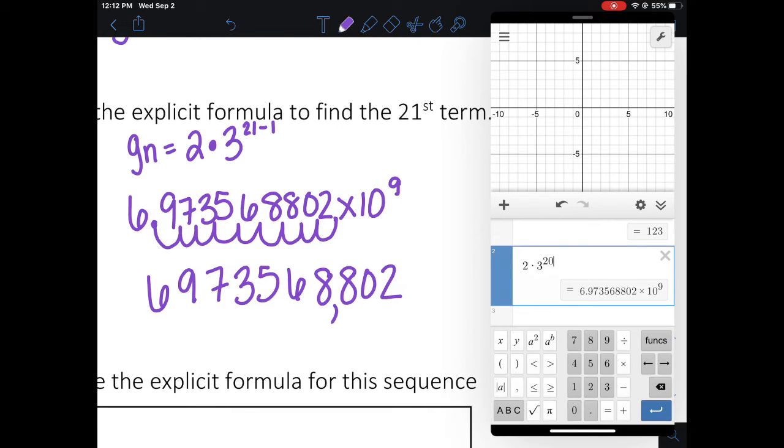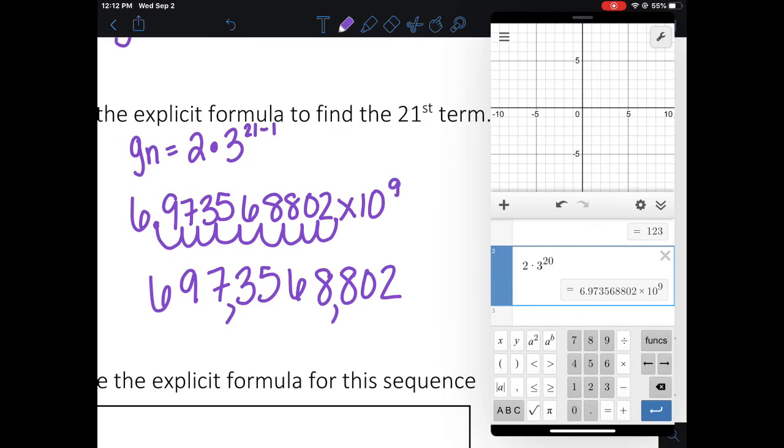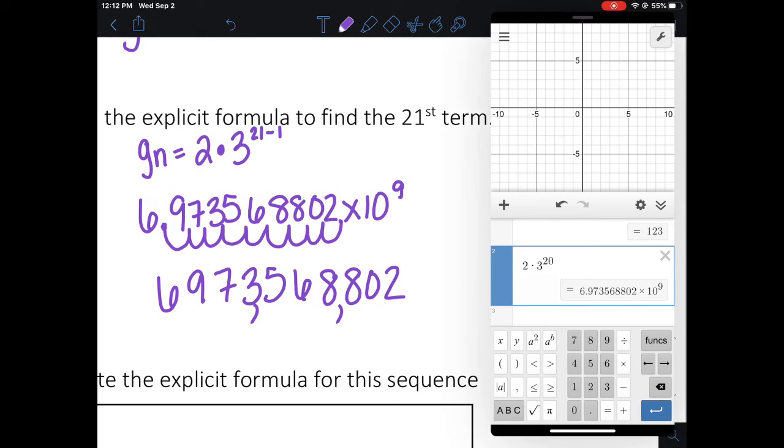I'm going to throw some commas in there. There we go. So we have hundreds, thousands, millions, billions. 6,973,568,802. So on the 21st day, you're making $6 billion. Not too shabby.